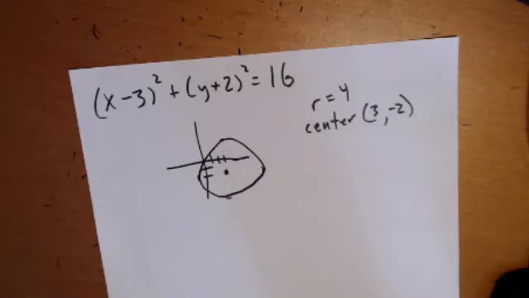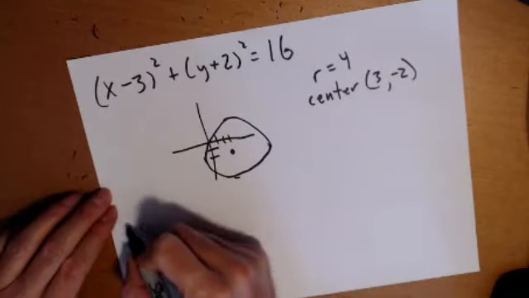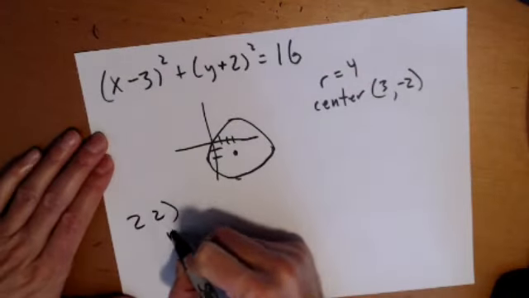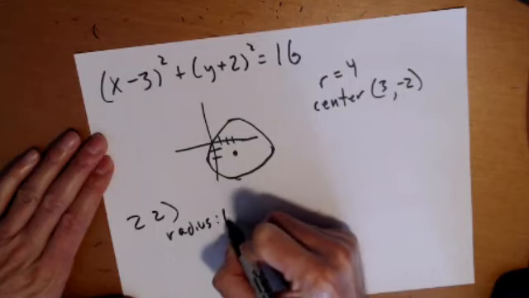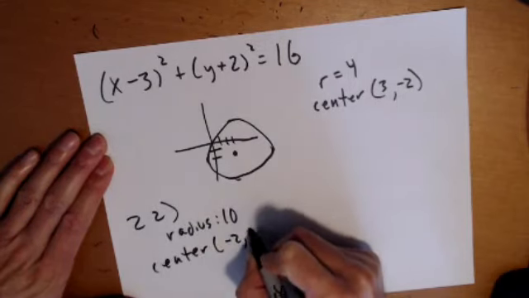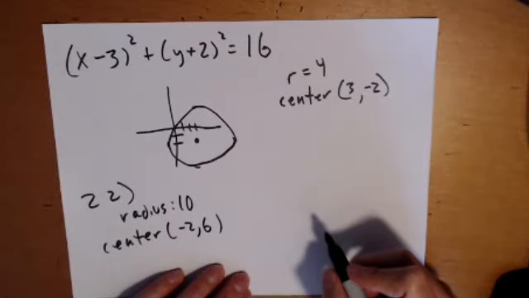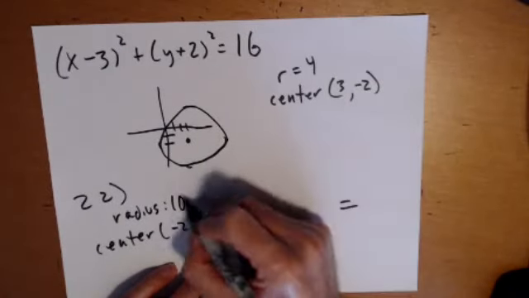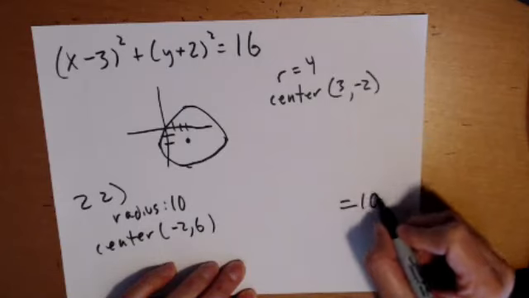Let's see. Let's try one. Write it in standard form. Okay, so here's 22. They say the radius is 10, and then the center is (-2, 6). Okay. So if radius is 10, 10 squared is 100, so it needs to equal 100.